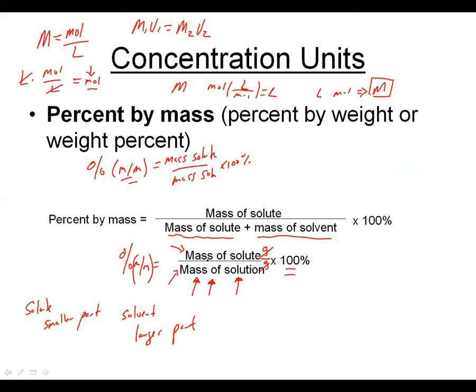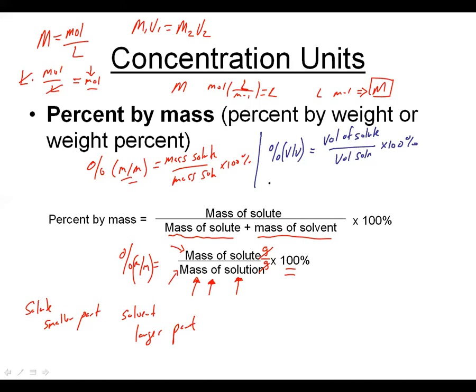There's also percent volume to volume, like for an alcohol perhaps. That is the volume of solute over the volume of solution times 100%. So it's very much the same idea, except here typically it's milliliters over milliliters that you're looking at.